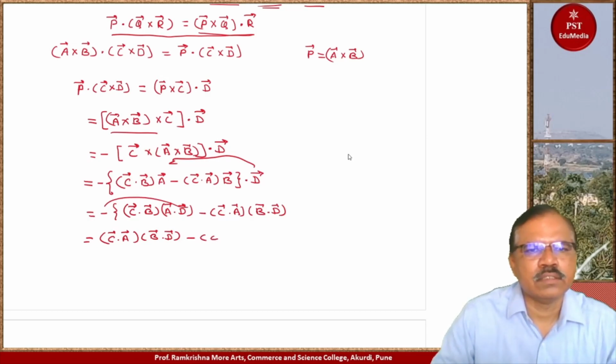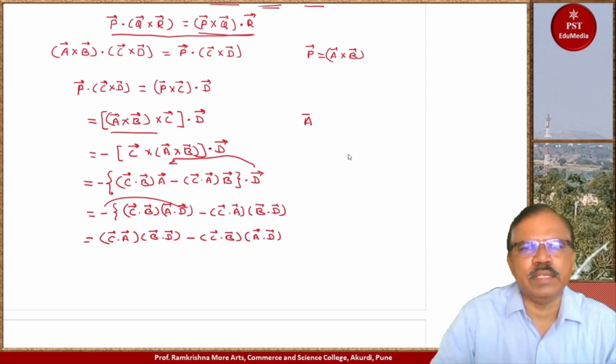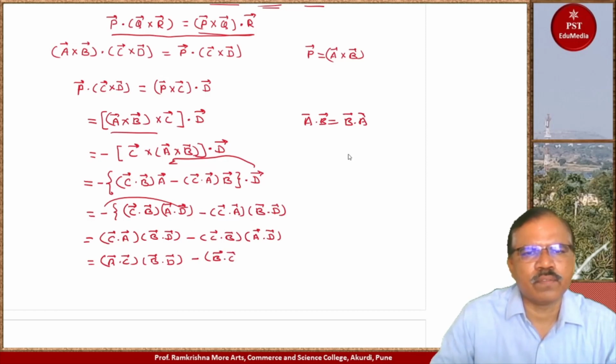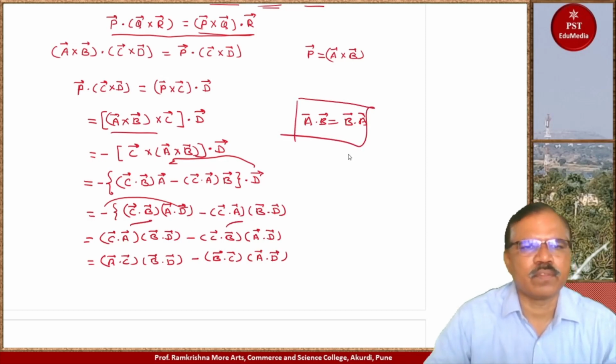Minus C dot B into A dot D. And we know A dot B is equal to B dot A. So I can write this as A dot C into B dot D minus B dot C into A dot D. So for this bracket and for this bracket, I have used this identity.